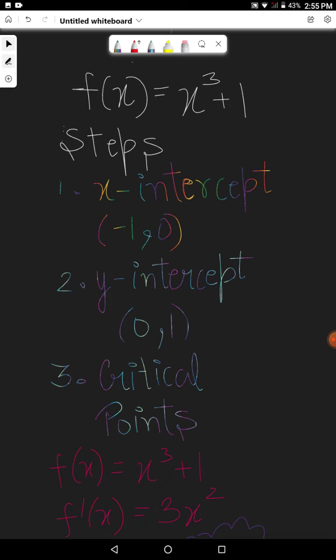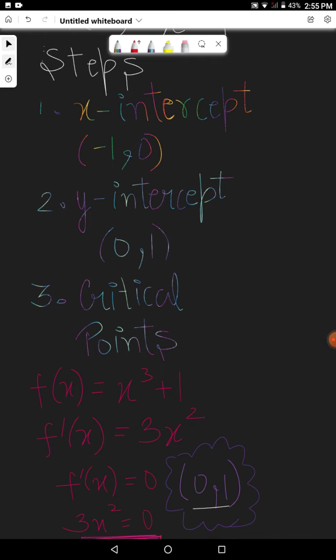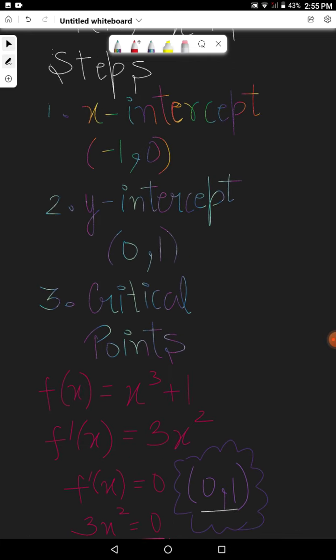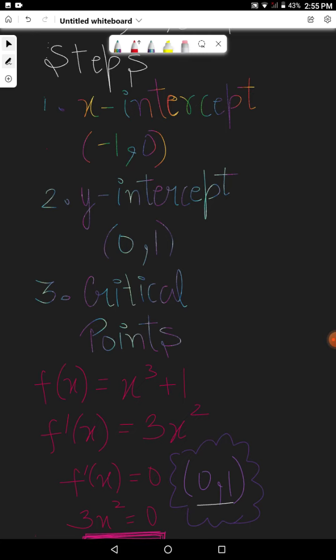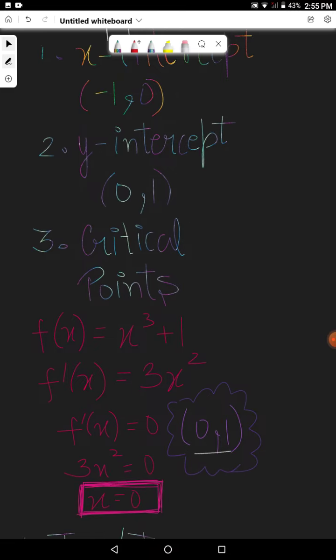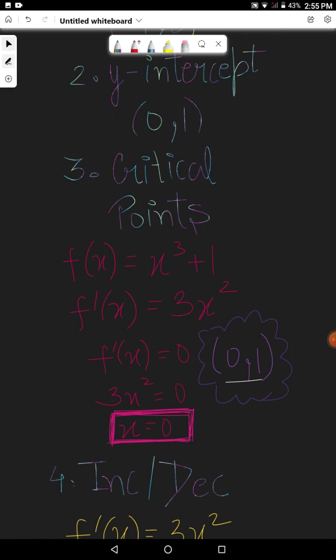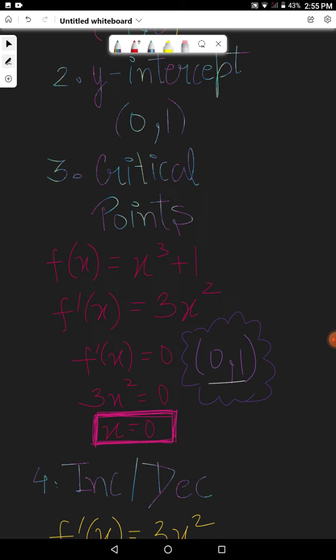First of all, you have to calculate the x-intercept in the same manner in which we deduced the x-intercept in the previous part. Second, you have to calculate the y-intercept. Then, after that, you have to calculate the critical points. I'm not taking it in much detail because I have already discussed it in the previous part.